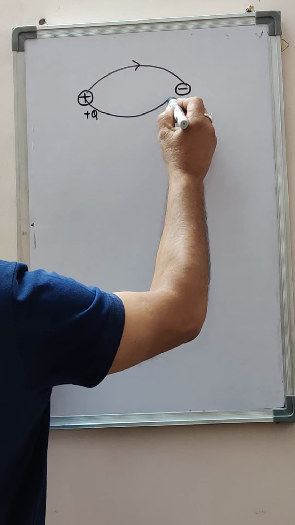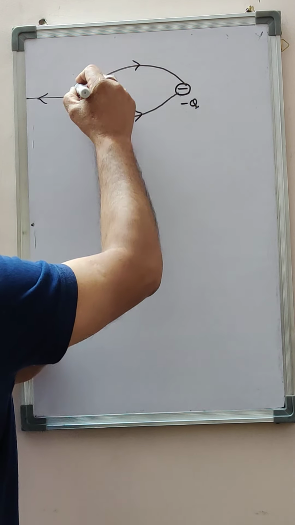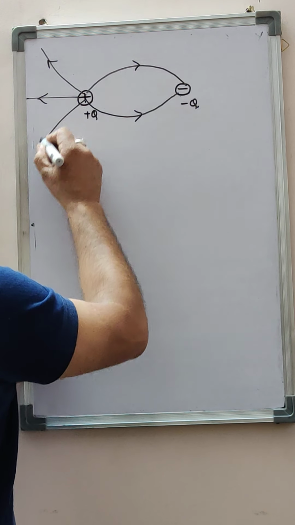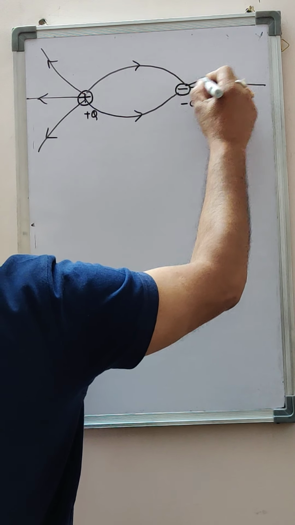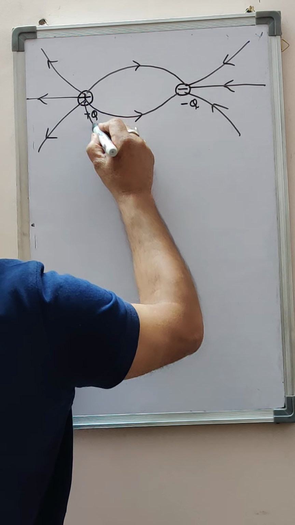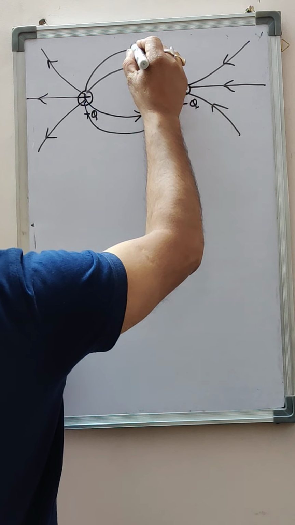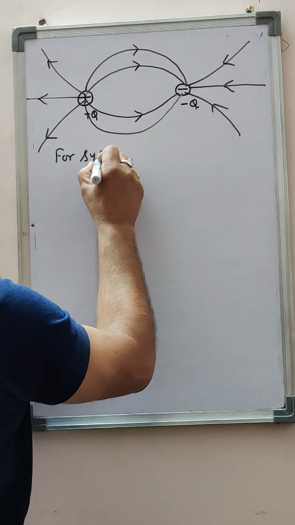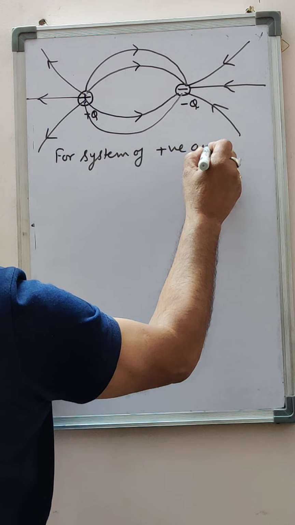So these are the lines of force for a system of positive and negative charge, and these are also the lines of force for an electric dipole.